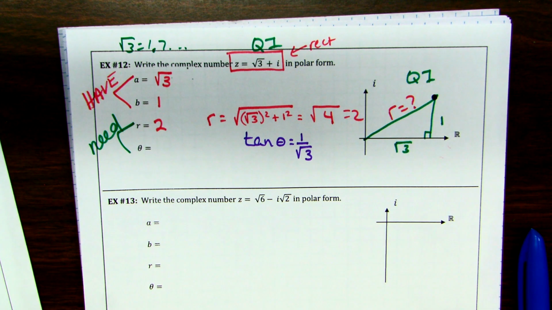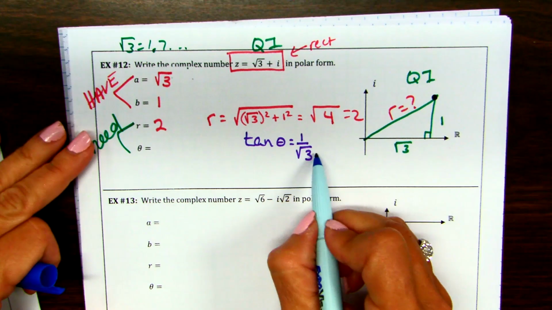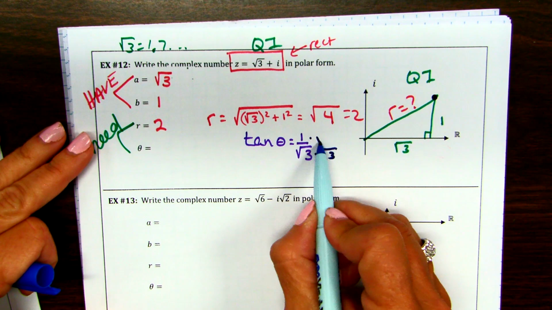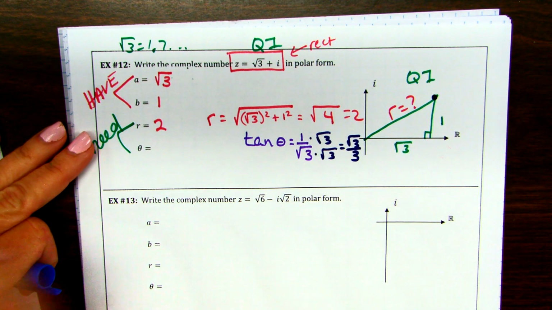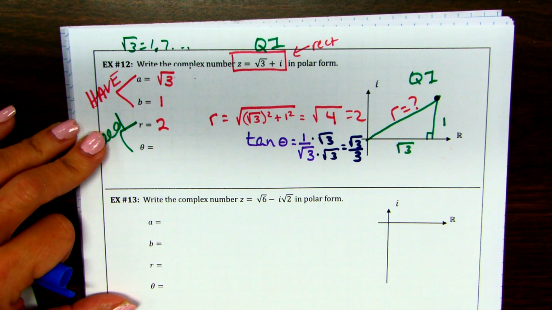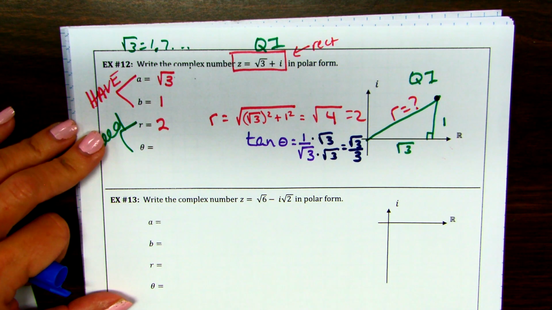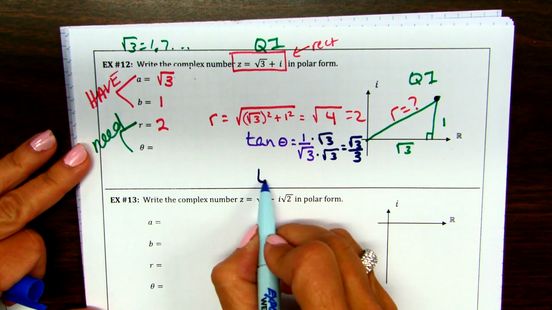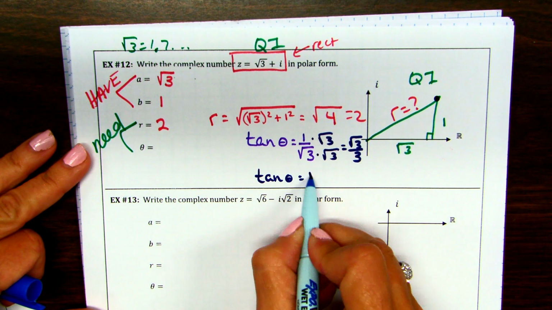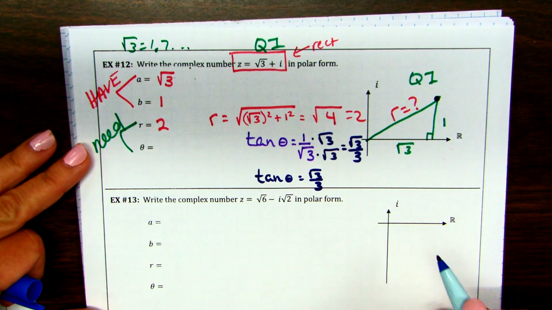I don't need to see this next step of work, but if you didn't memorize it, because it's such a common one you see all the time, you could rationalize the denominator and find that. Anytime you have 1 over the square root of 3, whether it's positive or negative, this is what it simplifies to. So I have tan of theta equals square root of 3 over 3.